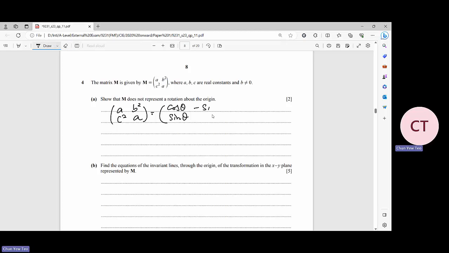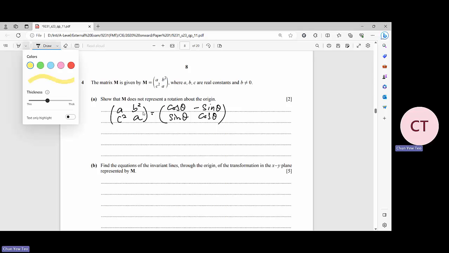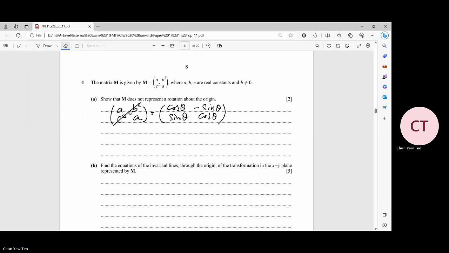This will be the matrix that represents rotation. So you can compare them in this way.